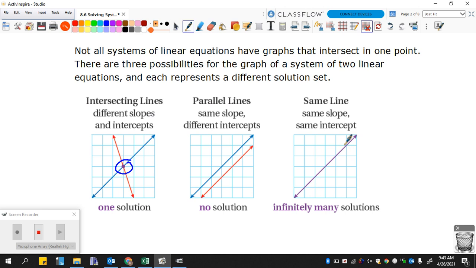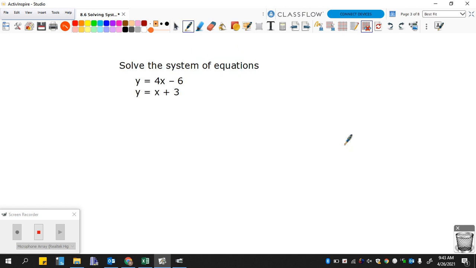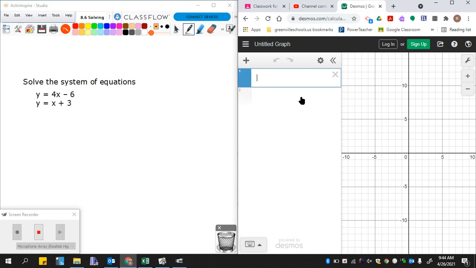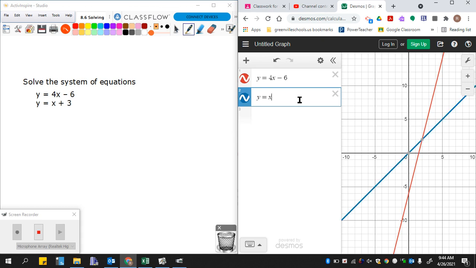Okay, so let's do some examples. It says solve the system of equations: y equals 4x minus 6 and y equals x plus 3. We're going to use Desmos to find this. So we're going to say y is equal to 4x minus 6, and y is equal to x plus 3.